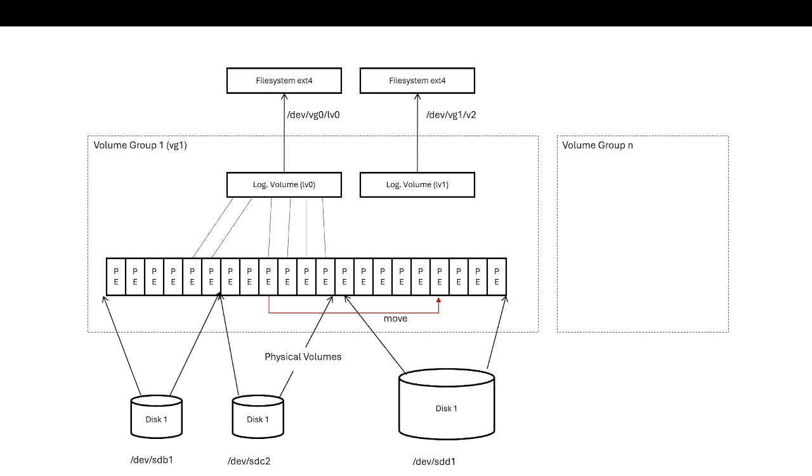But now we use LVM, and we have 3 steps in order to create block devices out of existing disks. These 3 steps are the physical volumes, the second step is the volume group, and the third step is the logical volume.